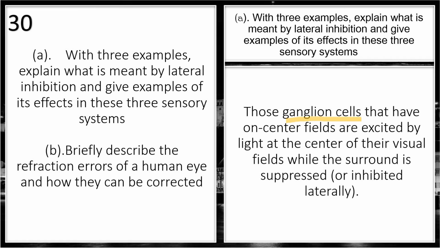Those ganglion cells that have on-center fields are excited by light at the center of their visual field, while the surround is suppressed or inhibited laterally.